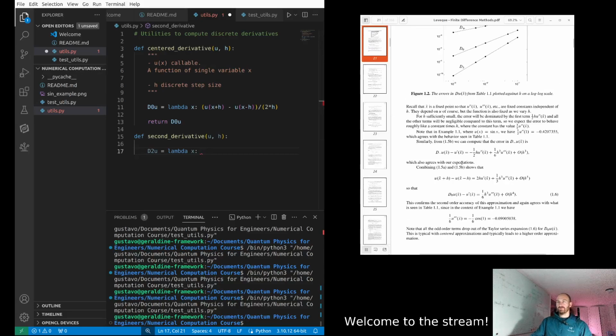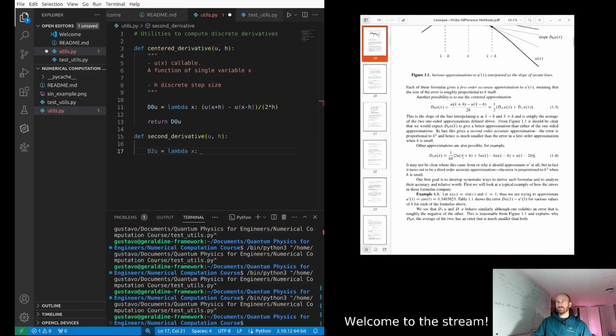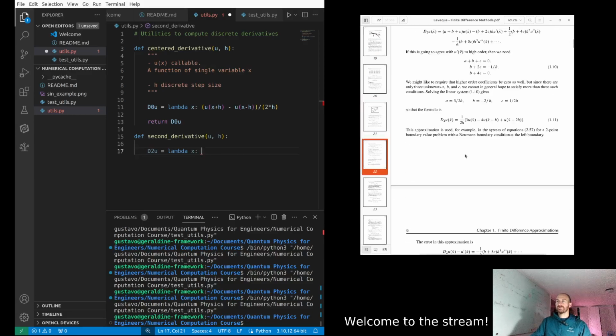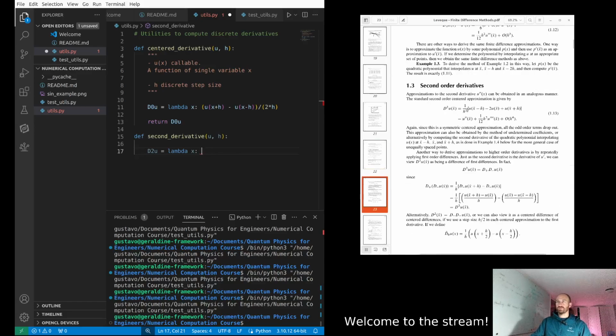So we go back here, we're going to use not the center one, but, this is a good example. Let's use this one.